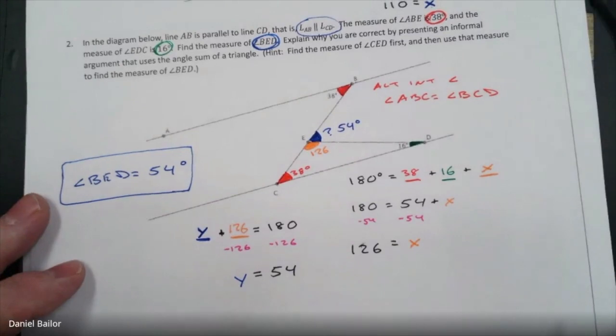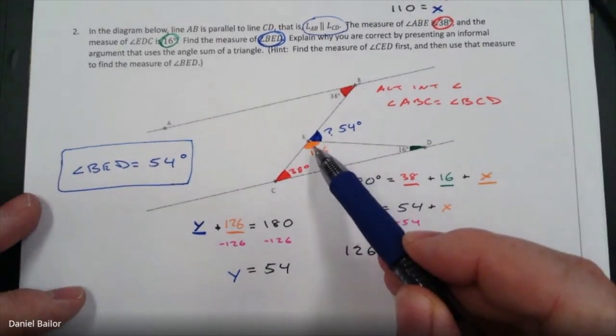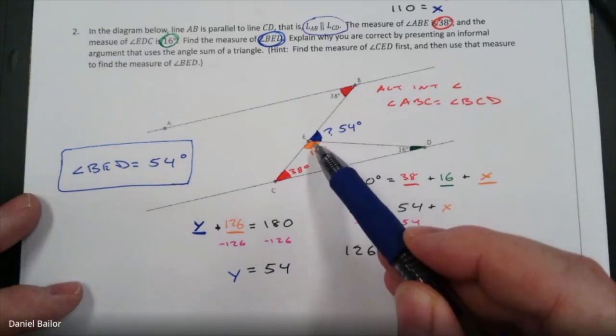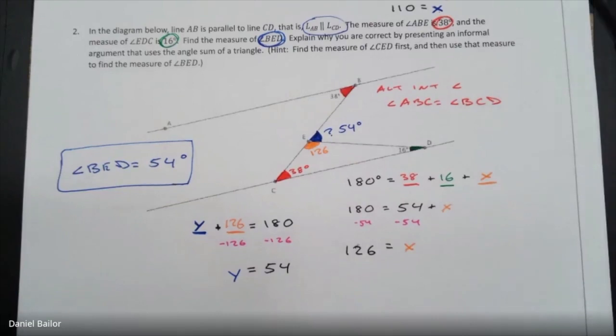Took one more step. You found the orange, and then you used the straight line rule to find the blue. So this is kind of a little logic puzzle. We're using the angle rules for lesson 12 and using the straight angle rule and the 180 triangle rule to help you find missing measurements.